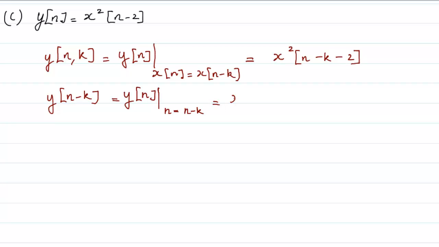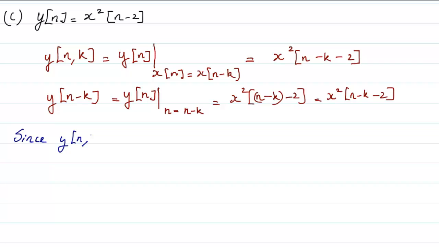In that case, I will just take the top part and instead of n I will write n minus k minus 2, which is x squared of n minus k minus 2, which we can see is the same as the previous one. So since y of n comma k is equal to y of n minus k, the system is time invariant.